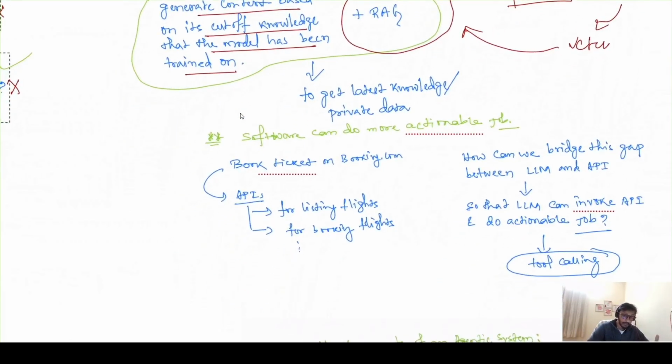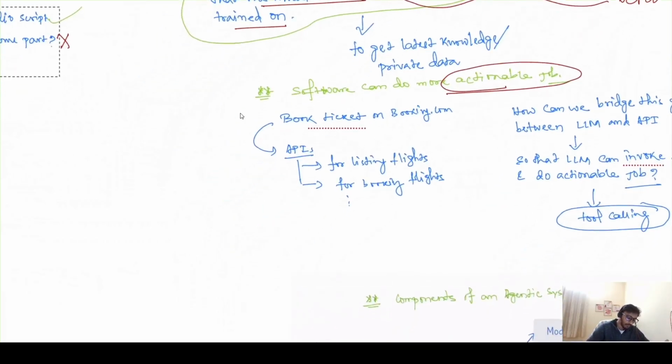Let's understand real software. It can do more actionable jobs, right? Because if you go to booking.com, you provide your details, the source location, destination location, and the date, right? It will provide you the list of flights available, and you can just go ahead and book the flights, and it will generate the PDF of the booking details, right? So it can do multiple actionable jobs.